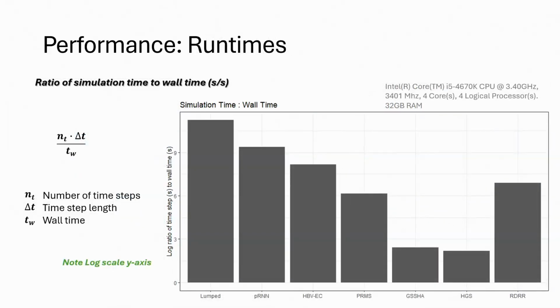The other comparison is run times: how long are these models taking? I have a suite of examples here. We have the lumped model, the classic: here's a watershed, with certain parameters fit just to that watershed. We have artificial neural networks, getting into that AI game.